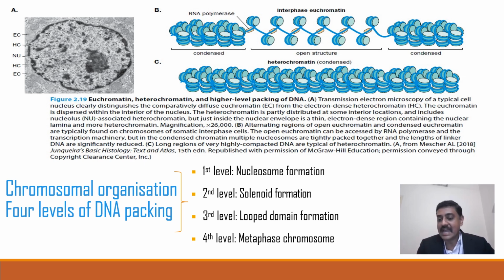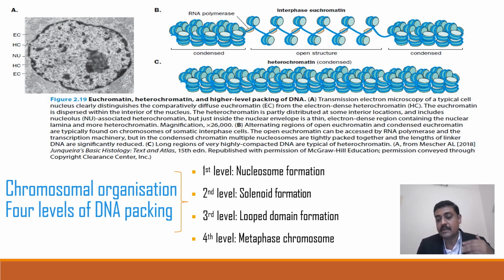An average human cell is anywhere between 10 to 30 micrometers, and the diameter of the nucleus alone is just 6 micrometers. You can imagine how fascinating it is that such a huge length of DNA, up to 2 meters, is coiled and densely packed within a nucleus of just 6 micrometers.